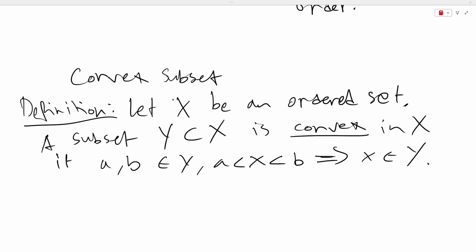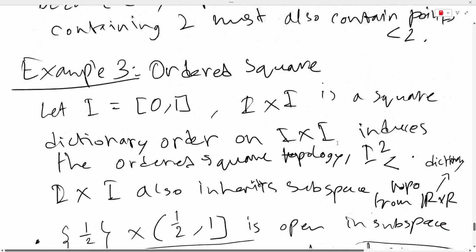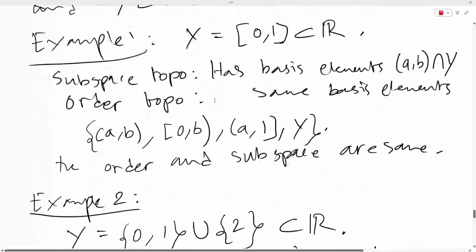So apparently, if you have an ordered set X in the order topology and a subset of X that is convex in X, then the order topology is the same as the subspace topology. Up here we had these two examples.